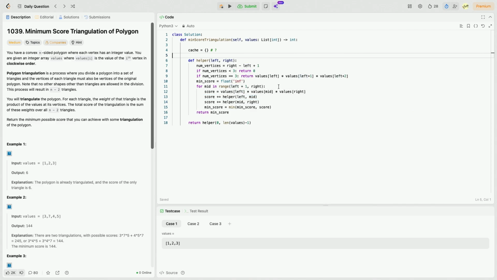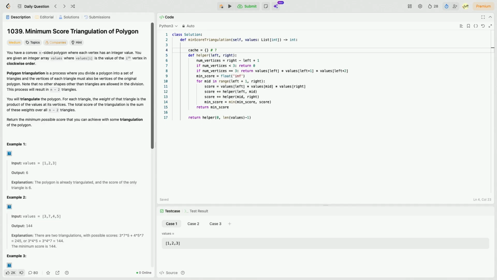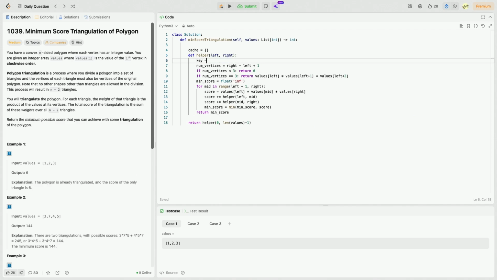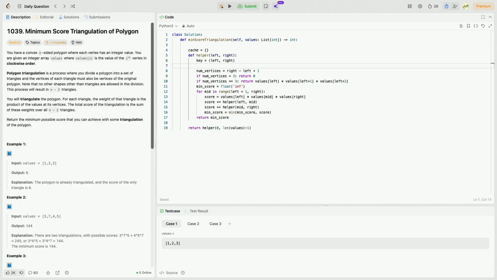Cool. So now the problem of recomputing values for the triangulation between left and right. Since we're doing all this iteration, you can easily see that we might make the same slice between two vertices many times over. So we probably need some kind of caching mechanism. And so we could use a hash map for that. We could just compute the key here and make it a tuple, because that can be used as a key in a hash map.